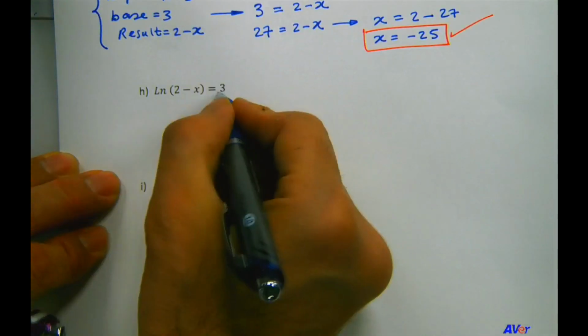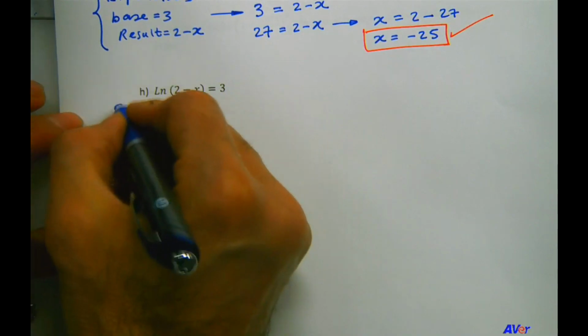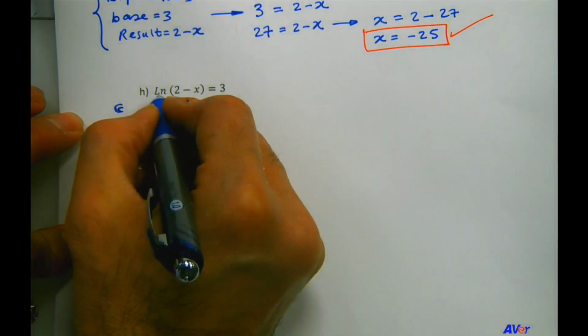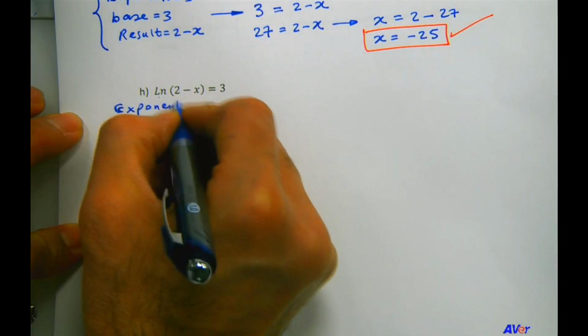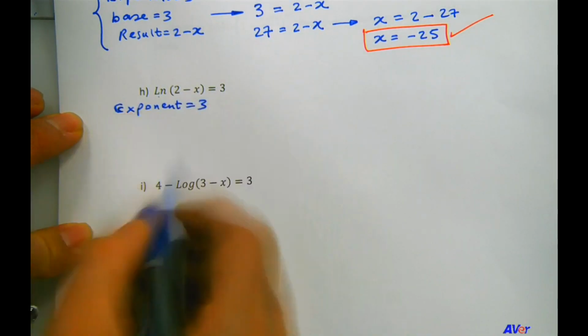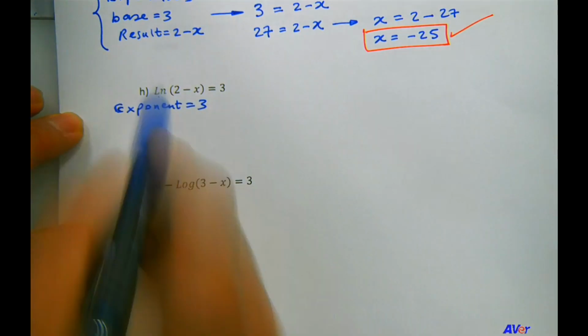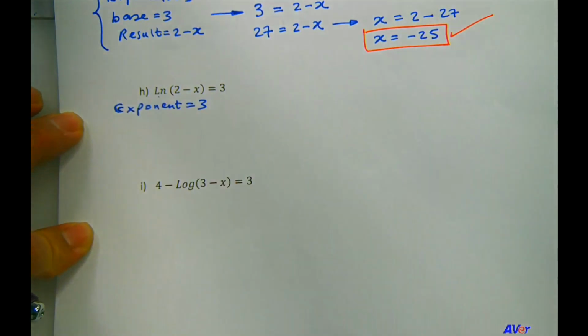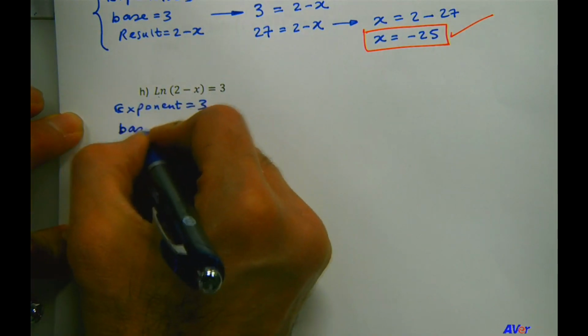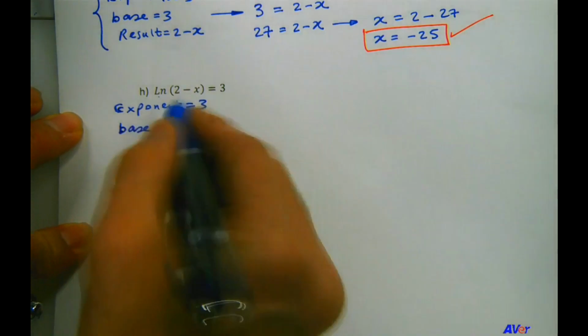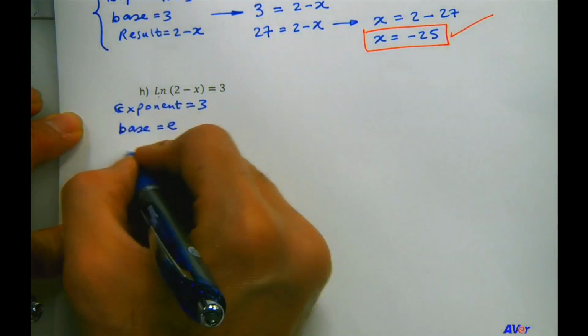So that 3 on the other side is an exponent, because natural log and log functions generate an exponent. So the exponent is equal to 3. What is the base? This is the natural log. What is the base of a natural log? It's e. And the result is 2 minus x.